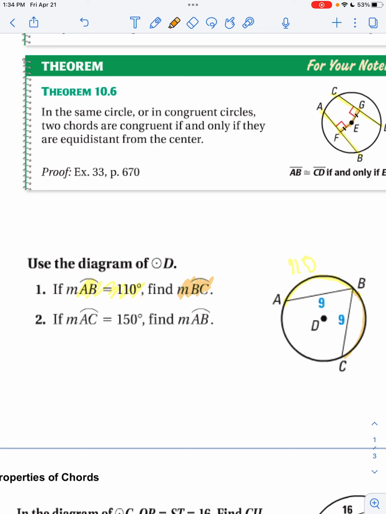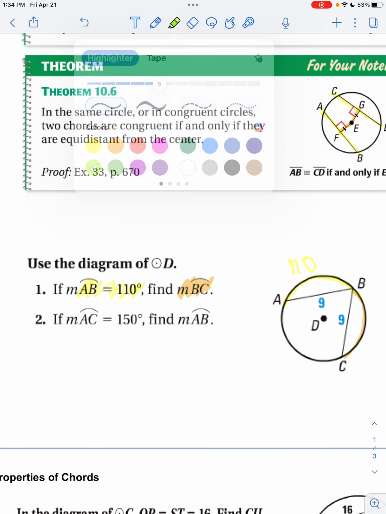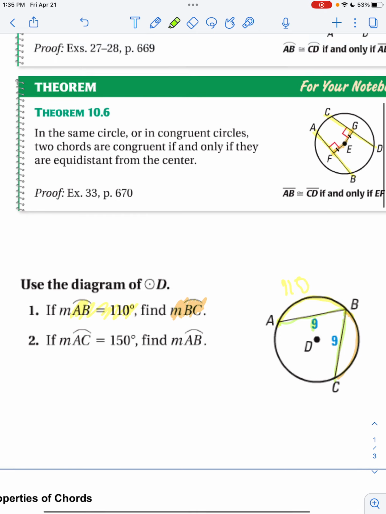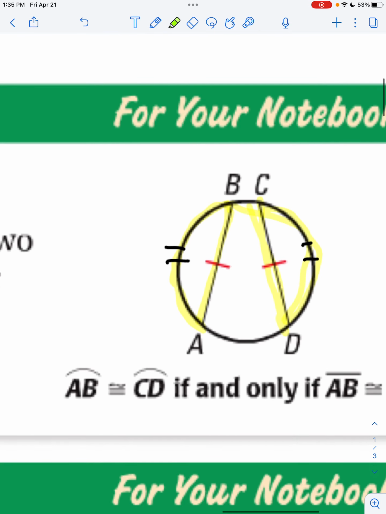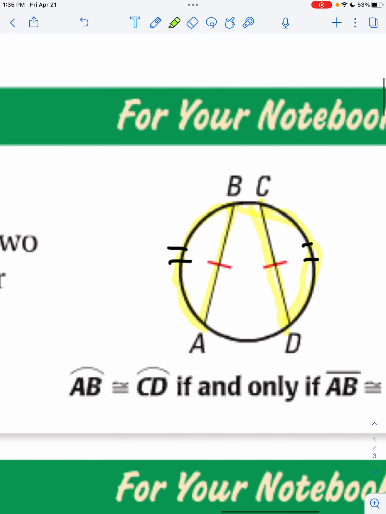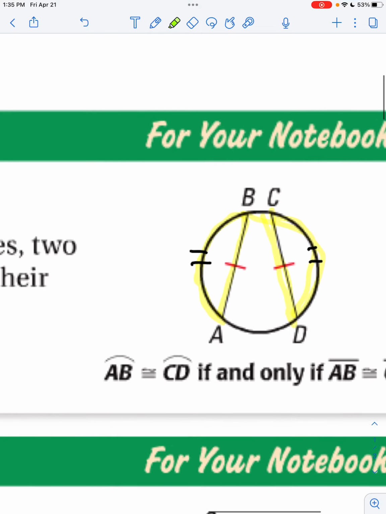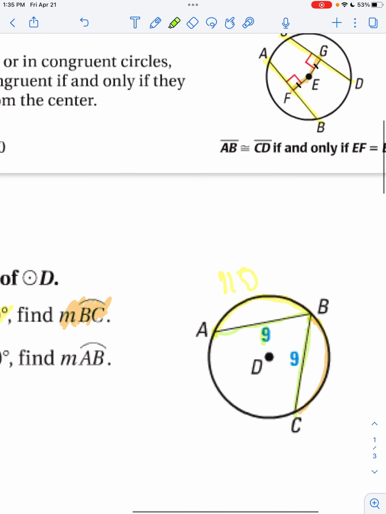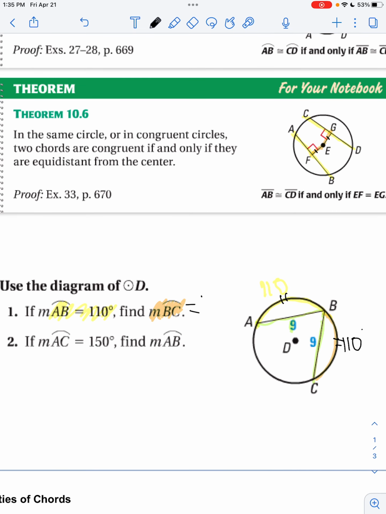One thing we can notice is that AB is equal to 9 and BC is equal to 9. We just talked about how, if their chords are the same, then their arcs are also the same. So if arc AB is 110, then BC is also going to be 110, because these two arcs have to be exactly the same.